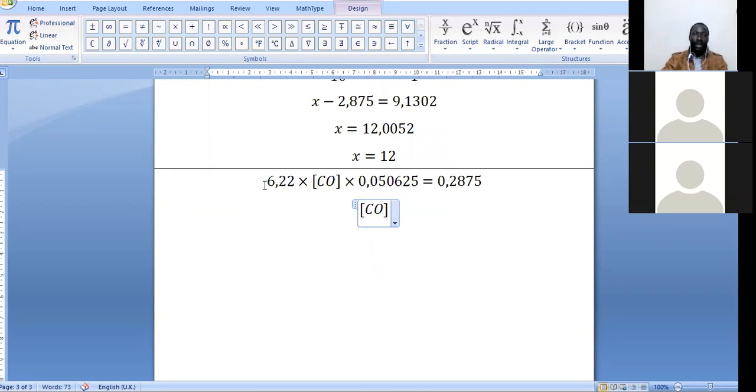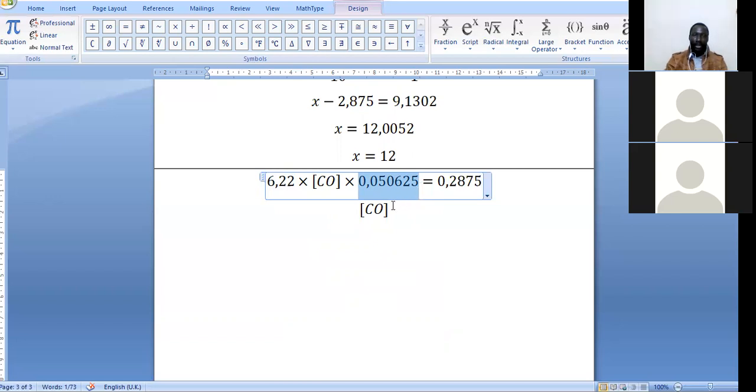We multiply this one, 6,22, by what? We multiply this by 0,050625. Okay, this is what we have got. Now, when we multiply the two, what do we get?